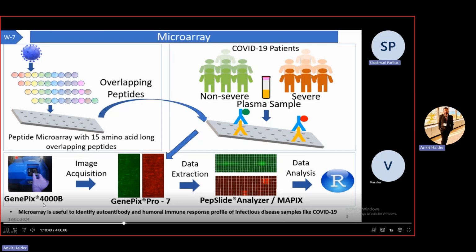This is GenePix Pro, which we are using in our lab along with the scanner, and also the analyzer. The image is initially generated in GenePix Pro, followed by mapping, and then GenePix Pro 7 for data extraction. Then finally, after that we get a file called the GenePix Results file, that is GPR. That file will be taken into R or other tools.